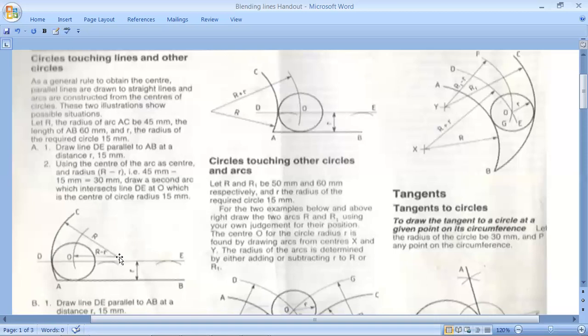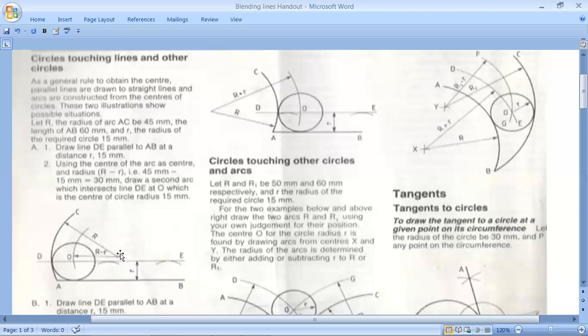From the point given here, radius 45, you're going to subtract the radius of the circle that you want. The radius of the circle you want is 15. You say 45, that is the radius of this one, minus 15 is equal to 30.